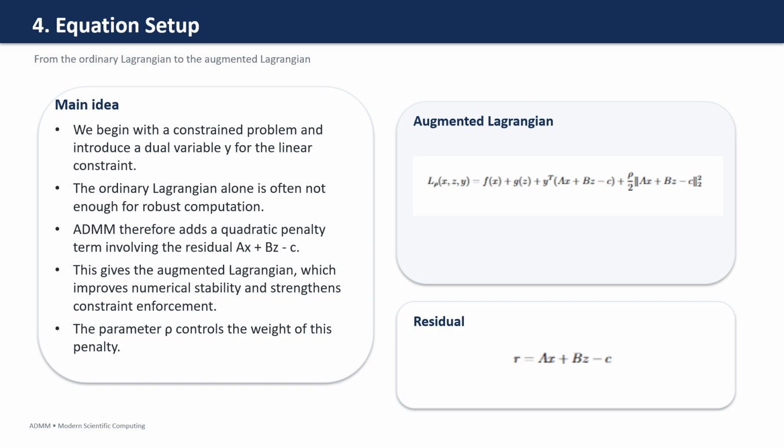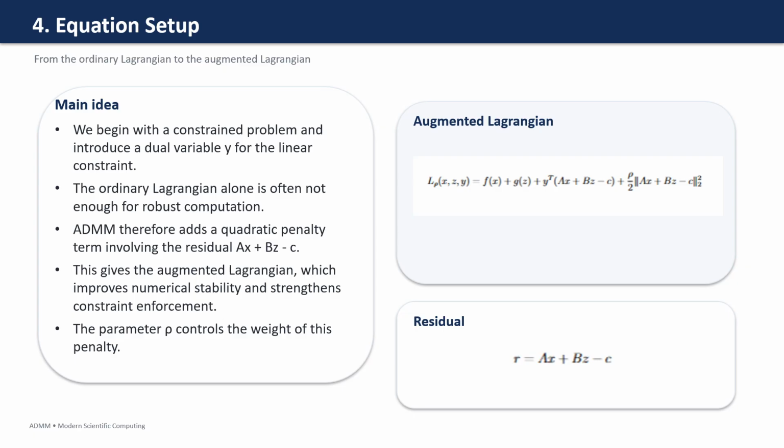And for these equality constraint optimization problems, the standard approach is to form the Lagrangian, right? The ordinary Lagrangian introduces a dual variable y, otherwise referred to as a Lagrangian multiplier, to enforce your constraint. An ordinary Lagrangian would be like the term L of x, z, y equals f of x plus g of z plus y transpose of (Ax plus Bz minus c).